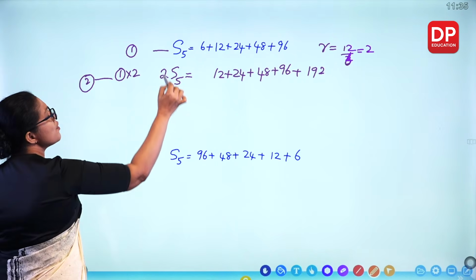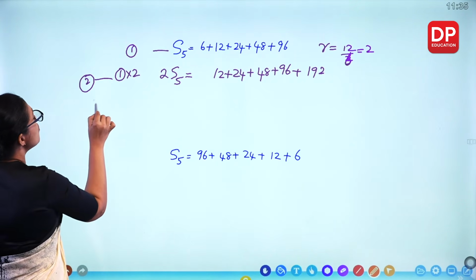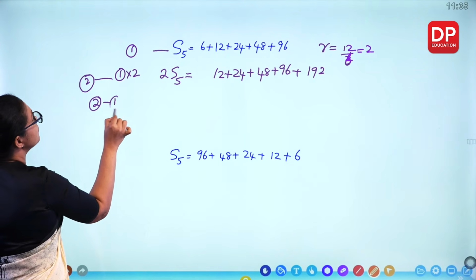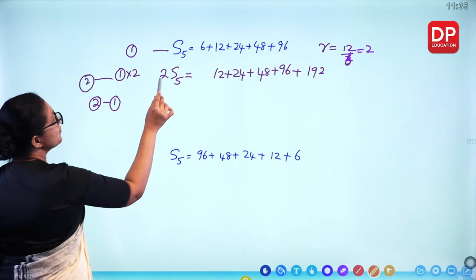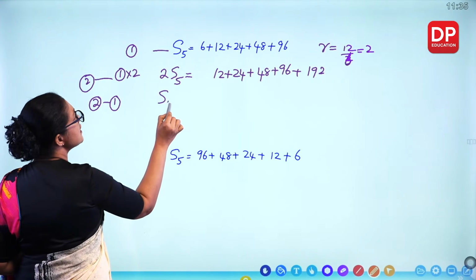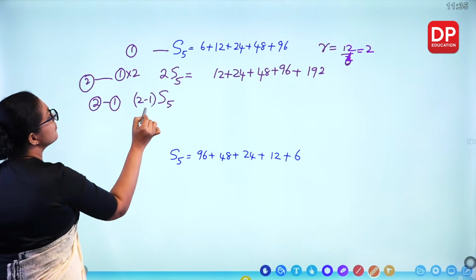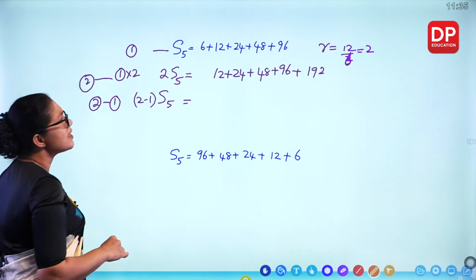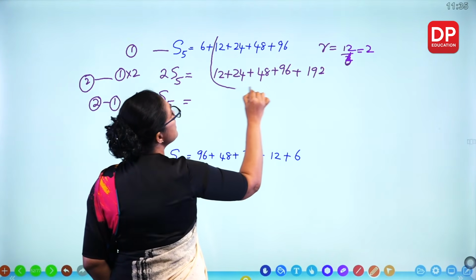Now, which one is bigger? 2S5 is bigger, so I am taking 2 minus 1. 2S5 minus S5, I get S5. What happens when you subtract? This whole set gets cancelled out.